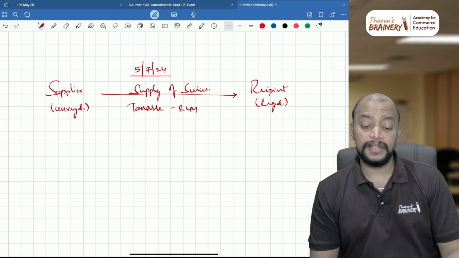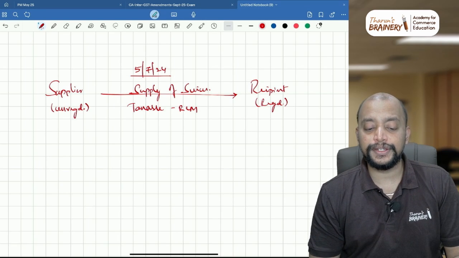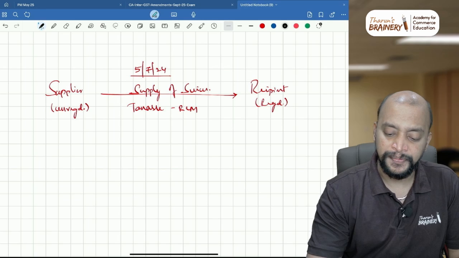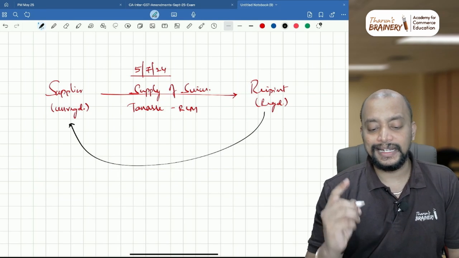Are you understanding this? Now in this case, who should be giving invoice to whom? The recipient should give the invoice to the supplier. What is the time limit within which the recipient should give the self invoice? 30 days, correct?